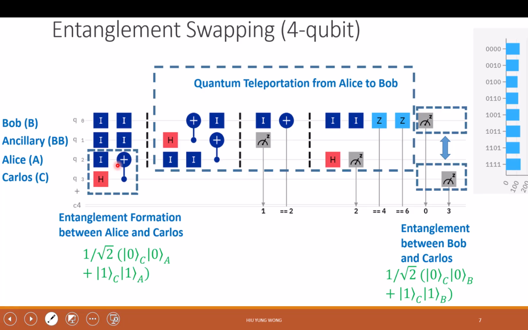Ideally, you probably will think that Bob will now be entangled with Carlos. So at the beginning, Alex is entangled with Carlos. Now you quantum teleport Alex's state to Bob. Then at the end, Bob should be entangled with Carlos.